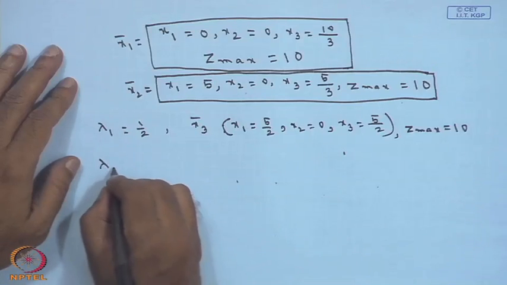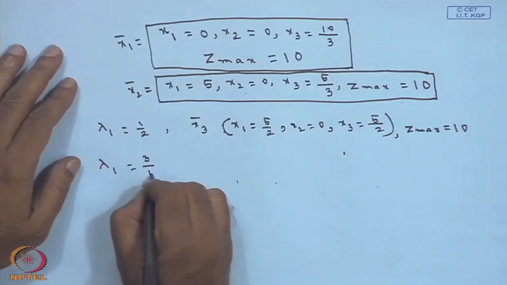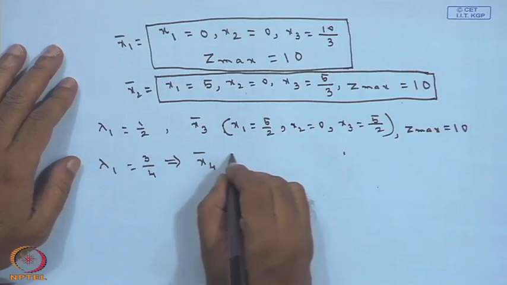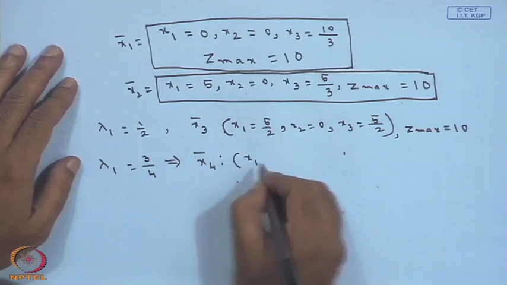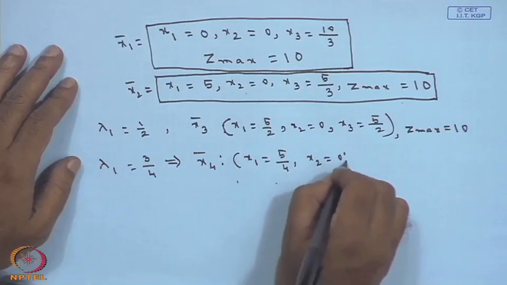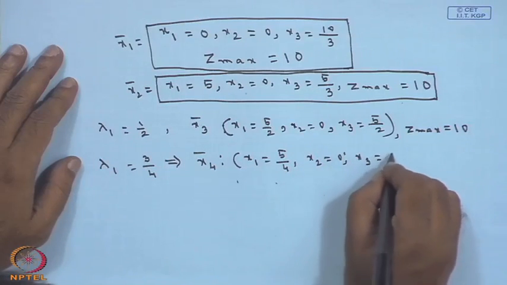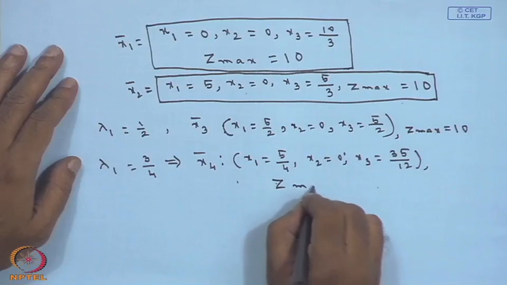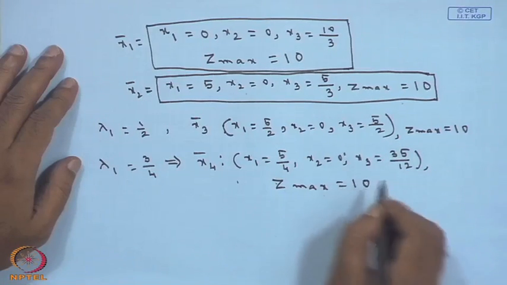Let us take any other value, say lambda 1 equals 3 by 4. In that case, you will obtain the fourth solution x 4 in this form: x 1 equals 5 by 4, x 2 equals 0 and x 3 equals 35 by 12. And if I calculate z max, again z max will remain 10.